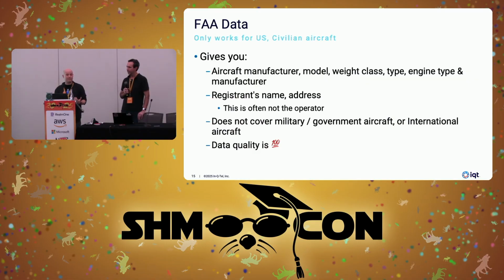If it's a US-based aircraft, you can go to the FAA data, and this data is chef's kiss. It's highly regulated, all the fields are filled in, and it has to be updated on change of ownership, so it's all very current. It doesn't cover most military or government aircraft, or any international aircraft that may be landing at Dulles or something like that. But for the majority of the aircraft you're seeing in the sky, you can get a very detailed picture of who owns it and what type of aircraft it is.